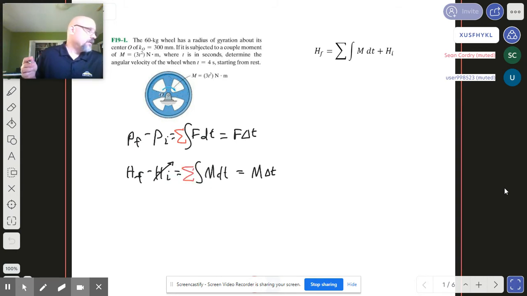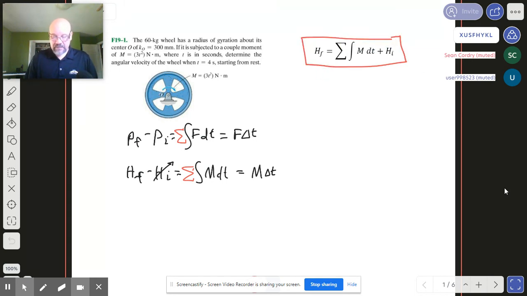We have to add those together. A lot of times what we do is we just end up writing our relationship like this, which you can see is the same thing that we had before. I just moved this term over to this side.